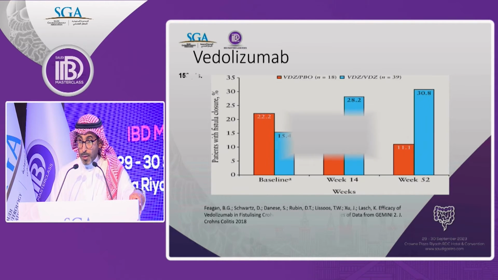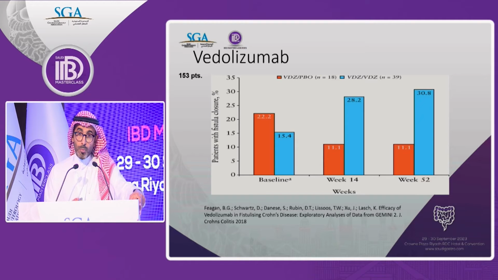What about vedolizumab? Vedolizumab as well has not had RCTs addressing the fistula response as a primary endpoint, but we have exploratory analysis from GEMINI 2, published in Crohn's and Colitis 2018, and showed in 153 patients, the fistula closure is about 28% at week 14 and 30% at week 52.